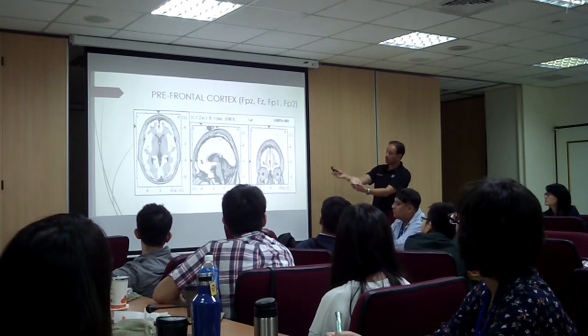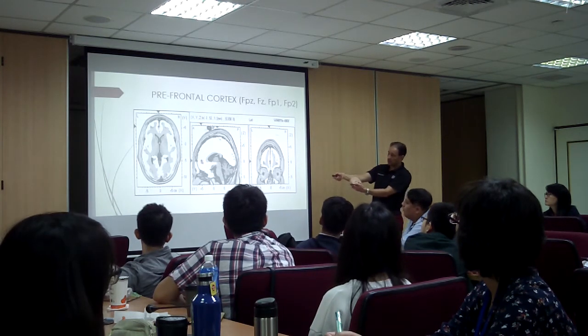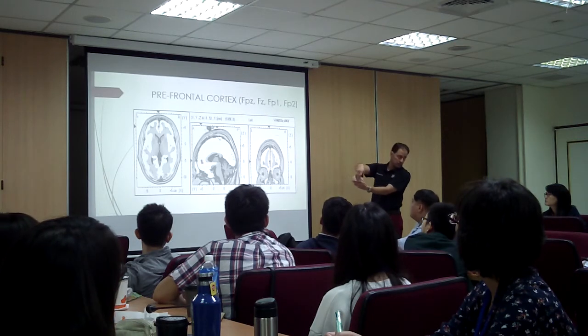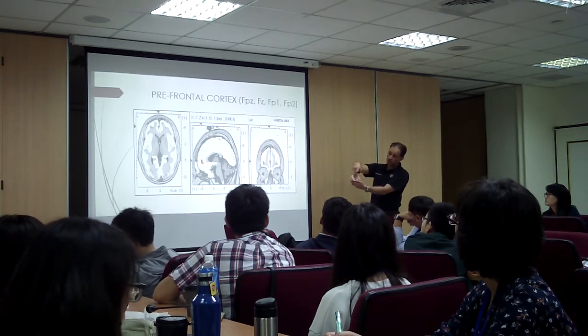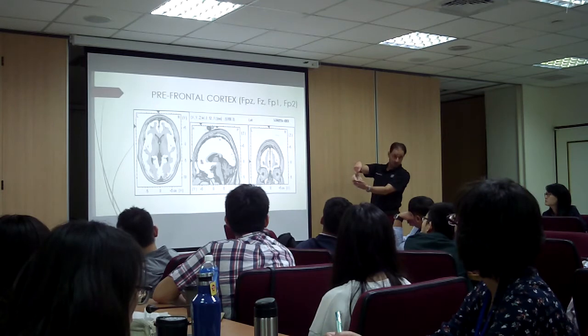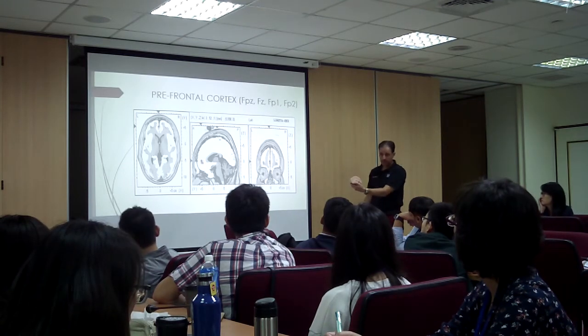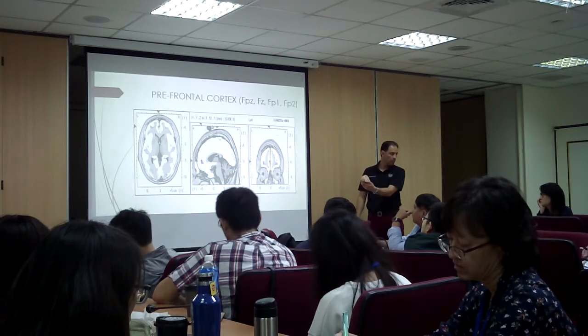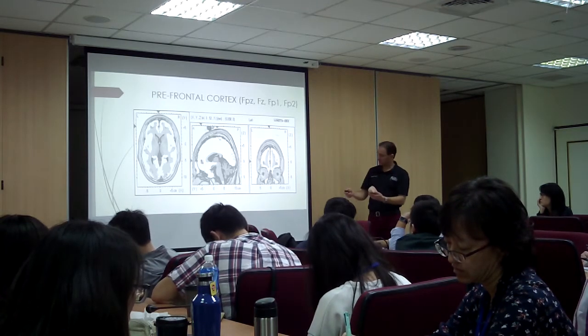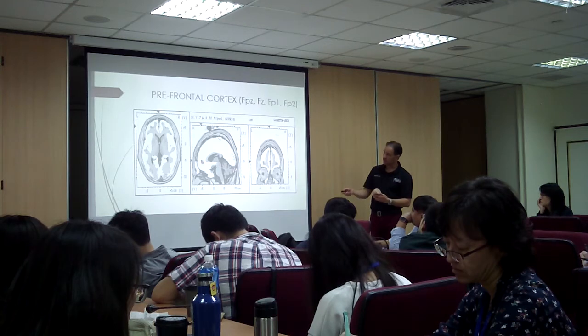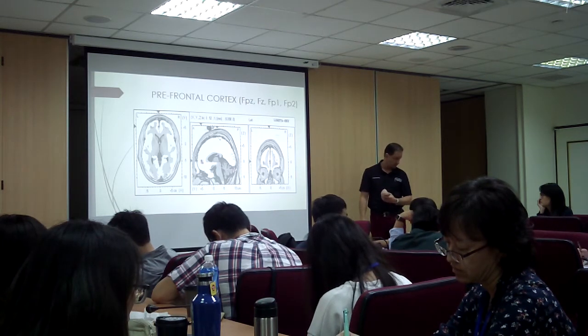And this area right here, which is the one in red, is your ventral section. Anything that's dorsal is cognitive processing. Anything that's ventral is emotional processing. So this is your cognitive processing hub. This is your emotional and affective processing hub.